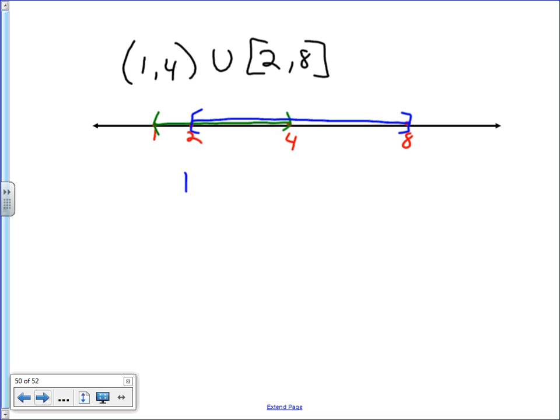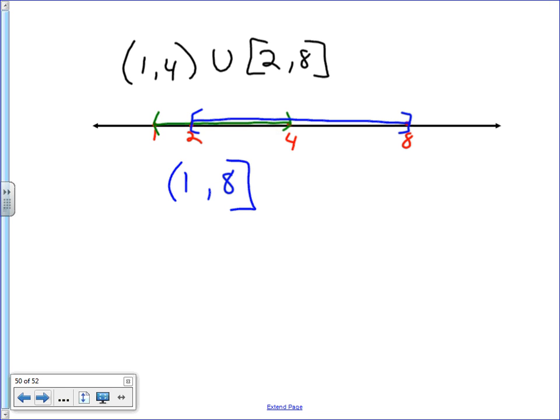We began at 1, and there's colored points included all the way down to 8. We colored the things continually all the way to 8. Was the 1 included ever? No, it's got a parenthesis, so 1 wasn't included ever. Was 8 included ever? Yeah, there's a bracket, so the 8 was included.